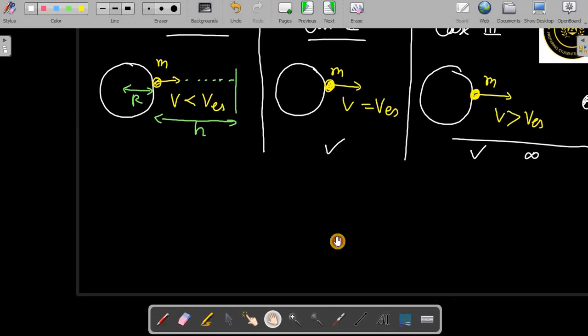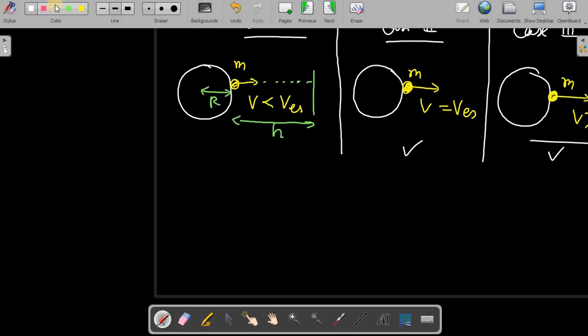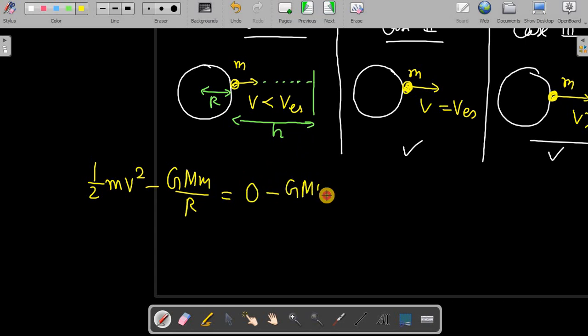So let us do the first case first. Right now the velocity is less than escape velocity. When you project it, you give half m v square of kinetic energy and potential energy minus GMm by r. It goes to some height where it stops: kinetic energy 0, potential energy minus GMm by (r plus h).